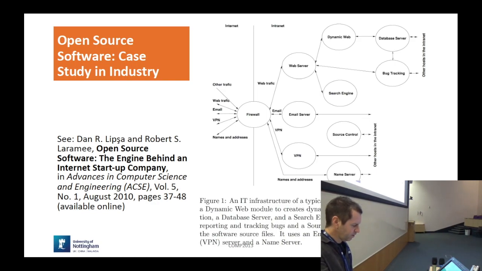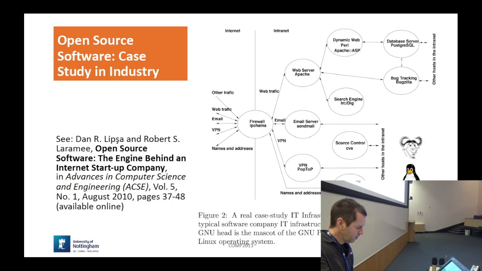It's just a schematic view of the different software components you'll need to set up your startup. And this is the same version, but with actual open source software recommendations, like IP chains, Apache, which everybody knows. There are open source email servers. You already know about GitLab and GitHub, though this is a little bit outdated.